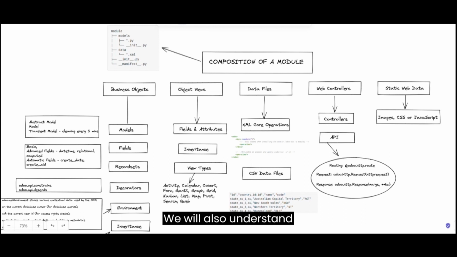We also understand how static data are being used. This static data you can create, or have your images, CSS files, and JavaScript files there. These files can be used in your views, and we are going to be looking into that.